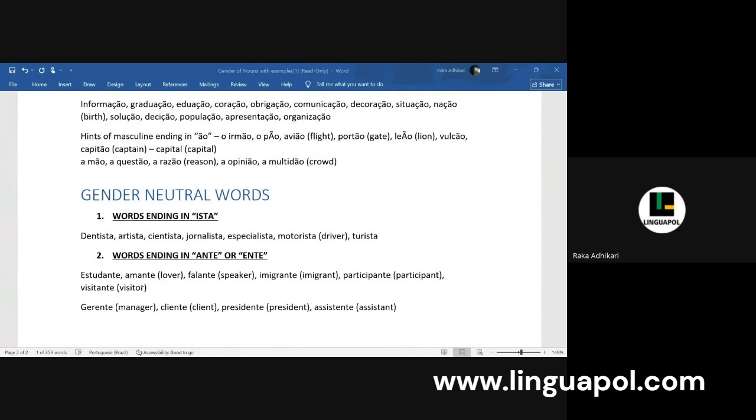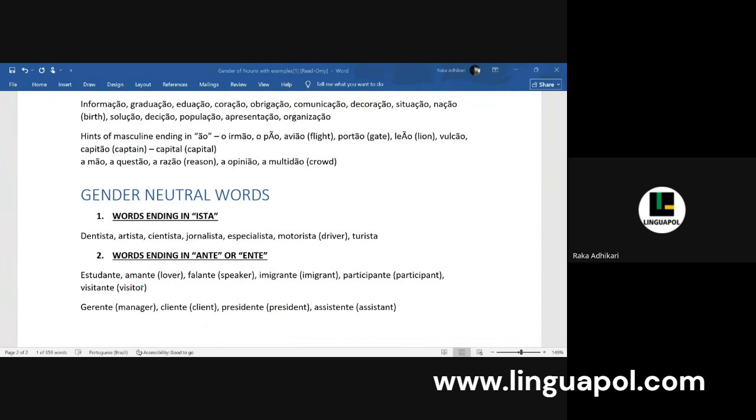Especialista, a specialist. Specialist in anything, okay? Motorista, a driver. Any kind of driver will be called motorista. Turista, tourist. So all the words ending in ista can be used for both male and female. Hence, it is called a gender neutral ending.